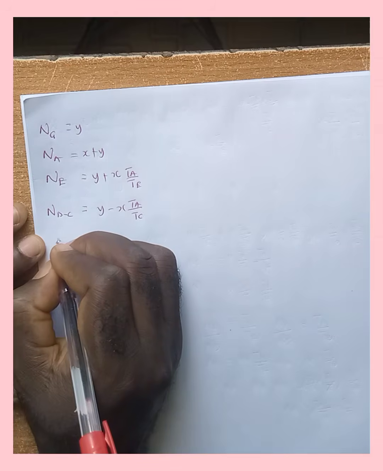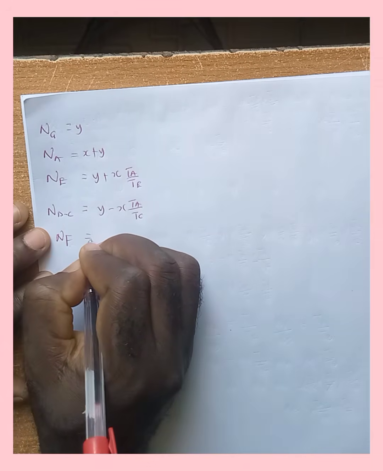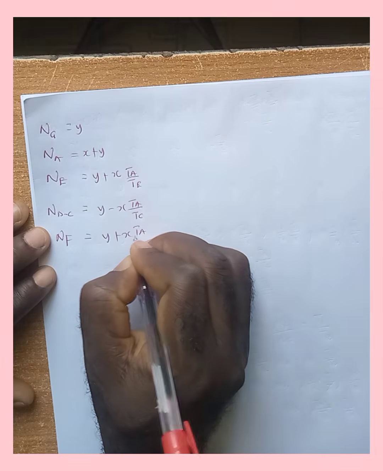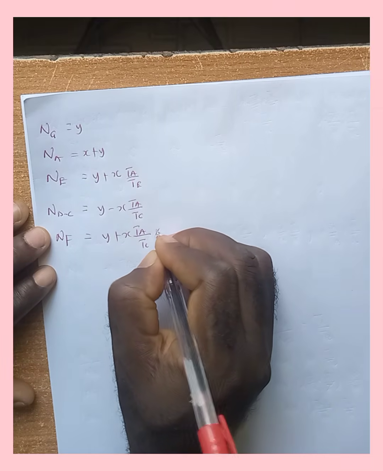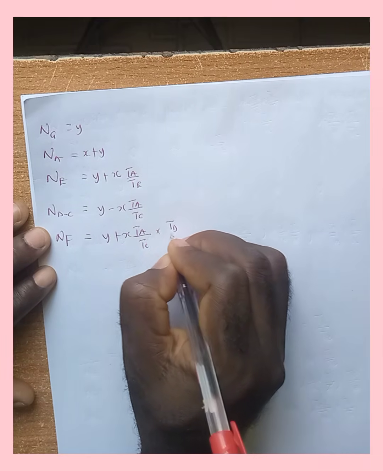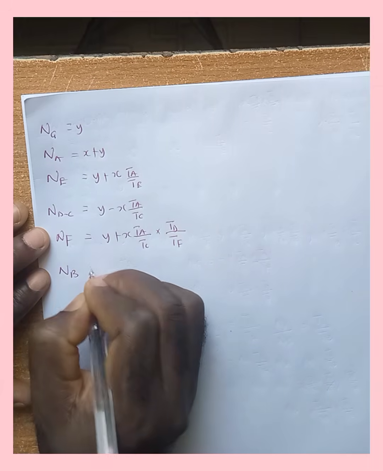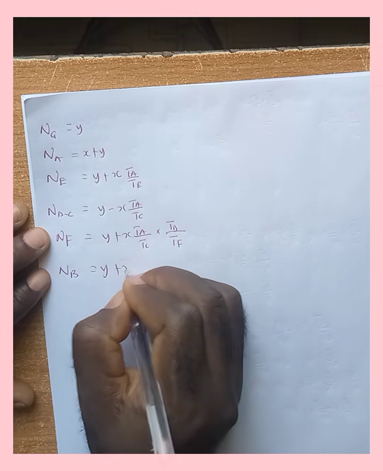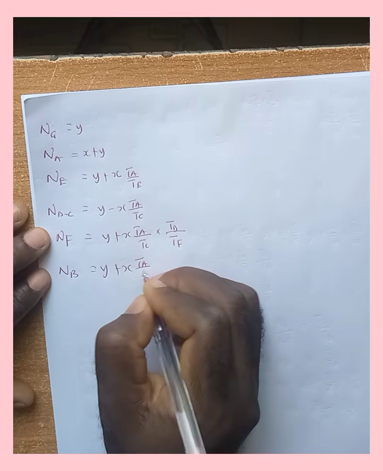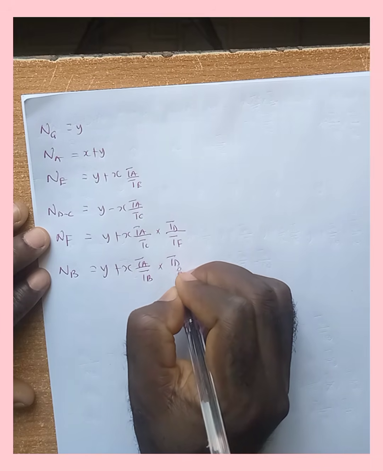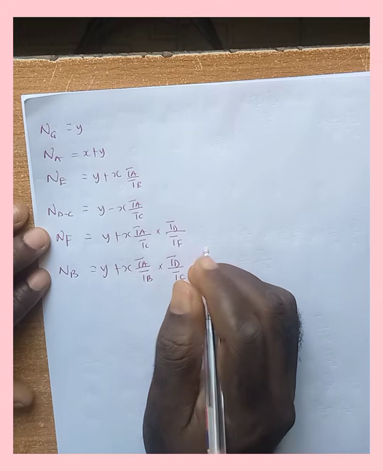Then the speed of F is equal to Y plus XTA over TC multiply TD over TF. And the speed of wheel B is equal to Y plus XTA over TB multiply TD over TC.